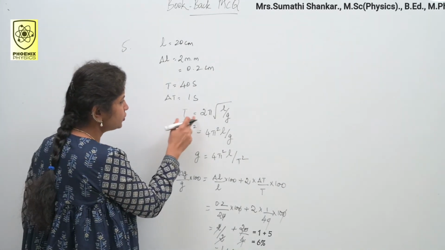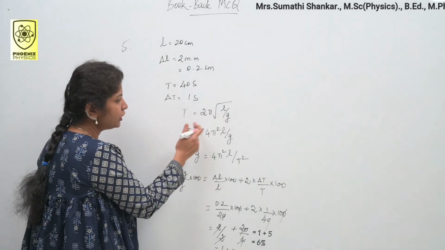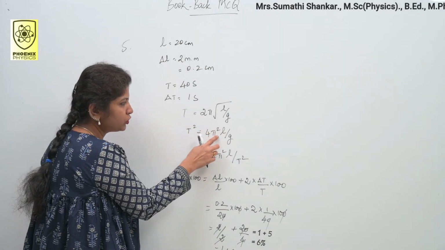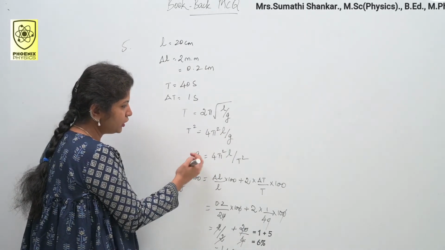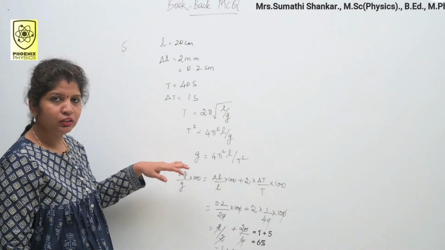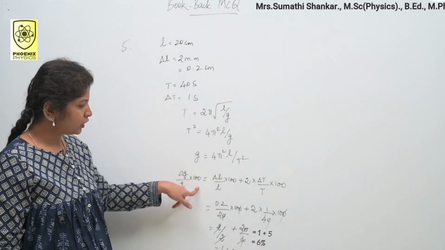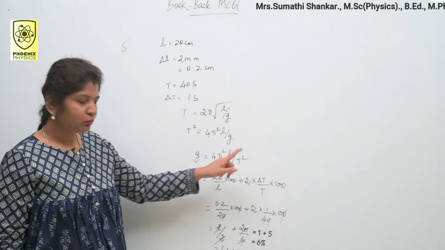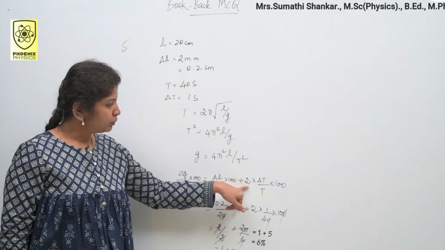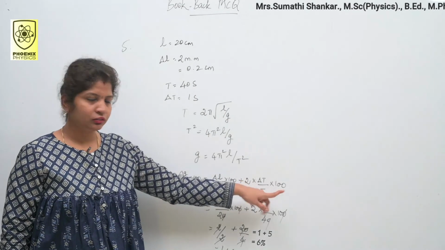You know the formula, T is equal to 2 pi root L by g. Bring this g here. So before that, just square the values. T square is equal to 4 pi square L by g. Bring this g here, g equals 4 pi squared L by T squared. Up to this you know. Next you have to write the percentage error formula, that is delta g by g into 100 equal to, here L to the power 1, 1 means delta L by L into 100, because these two are constant, leave it, plus T to the power 2, means 2 into delta T by T into 100.